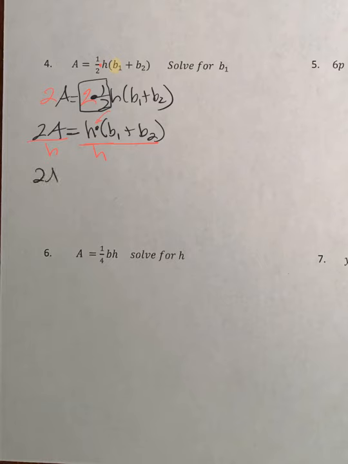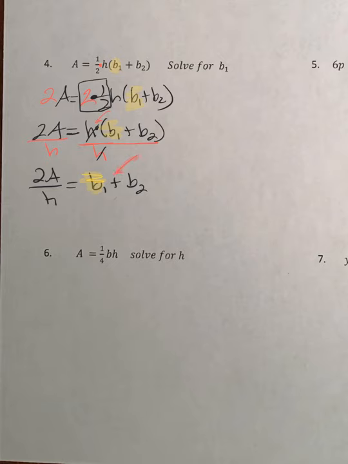So that gives me 2 capital A divided by h equals, and then h divided by h is just 1, right? And 1 times anything is just that thing. So because now I'm really not multiplying anything other than 1, I don't need my parentheses anymore. So remember, I'm trying to solve for b sub 1, right? So now I can finally undo adding b sub 2.